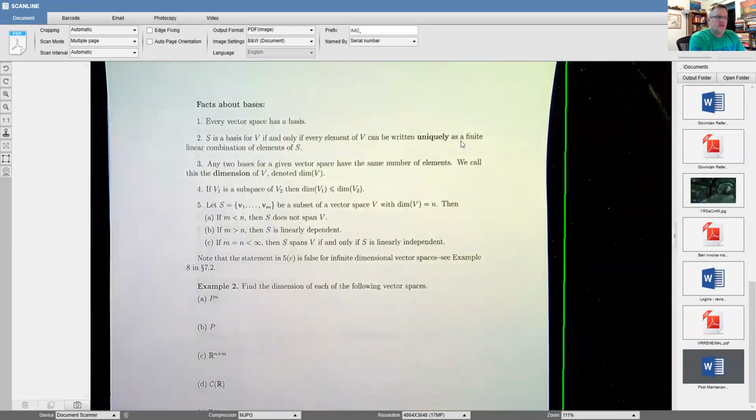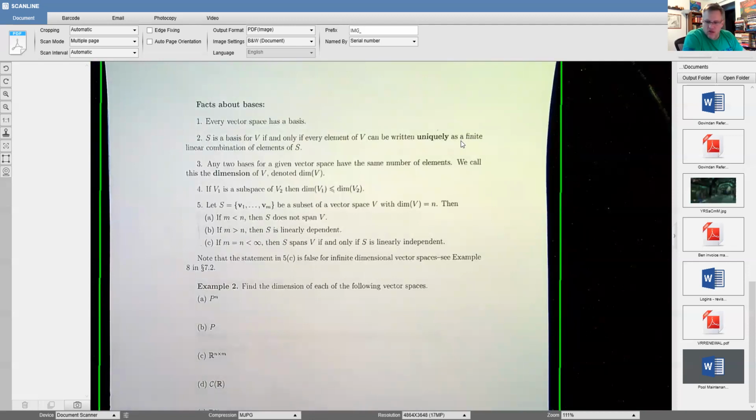In the sense that if you have finite sets, if one is a subset of another, then the one that's a subset can't have any more elements than the set in which it belongs, because it's inside of it, right? Same thing here with dimension: if you have a big vector space and then inside you have a subspace, so it has the structure of a subspace, the dimension of that subspace cannot exceed the dimension of V, right?